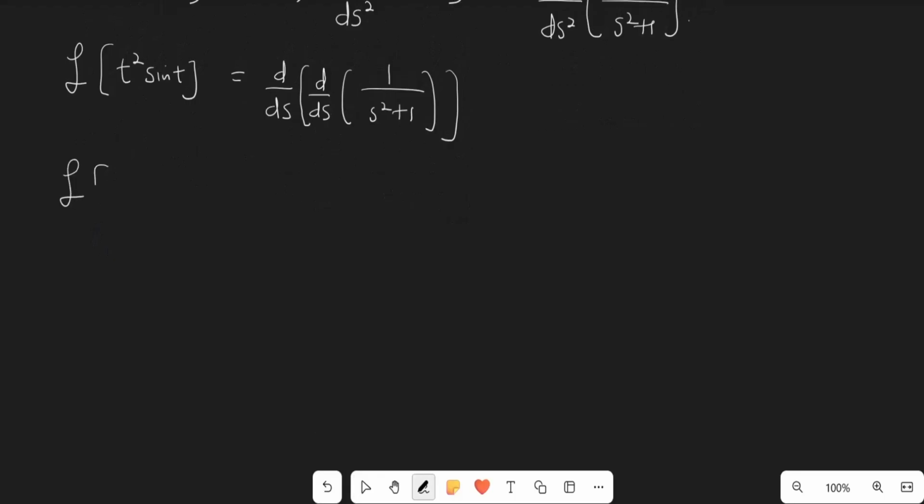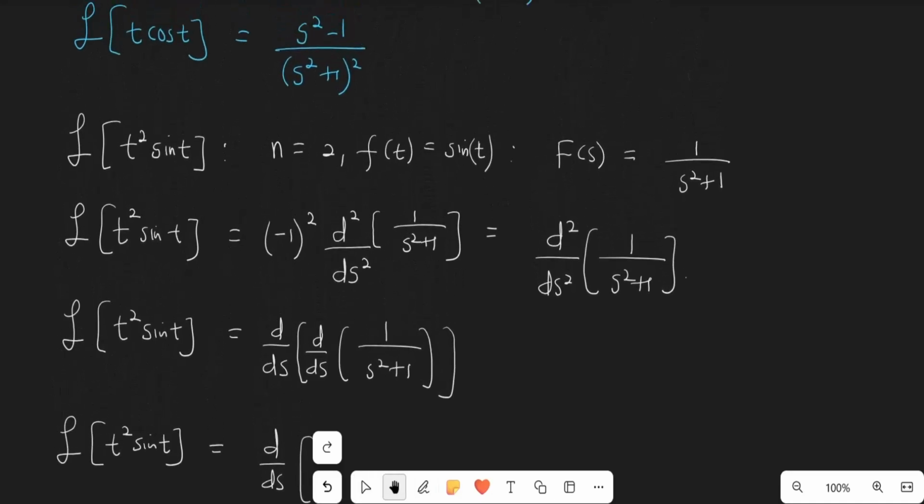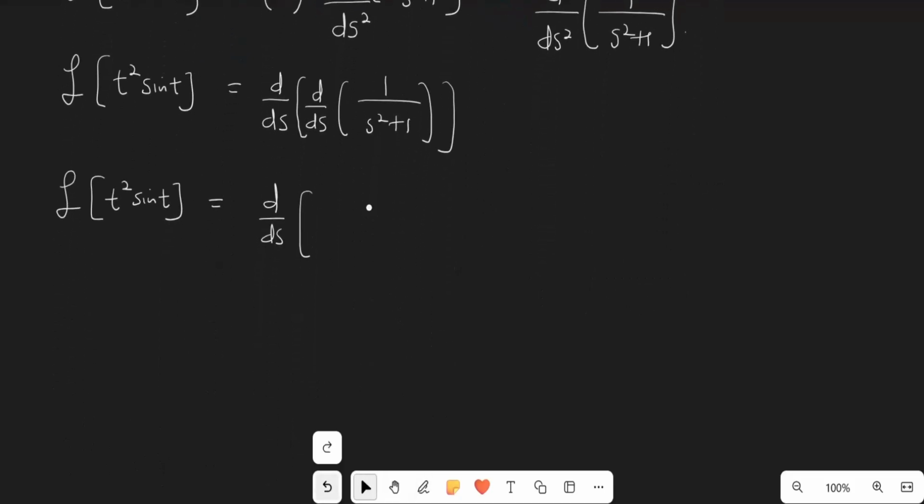Now the Laplace transform of t squared multiplied by sine of t is equal to d/ds. Differentiating this one with respect to s, we are going to use the quotient rule. When we differentiated for the first time, this is what we had. So this one is going to be s squared plus 1 all squared at the denominator.